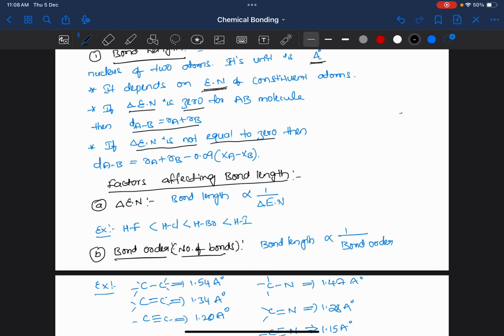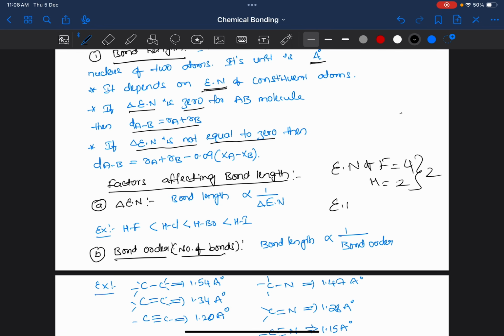Here I took four molecules: HF, HCl, HBr, HI. The electronegativity of fluorine is 4 and hydrogen is 2, so the difference is 2.